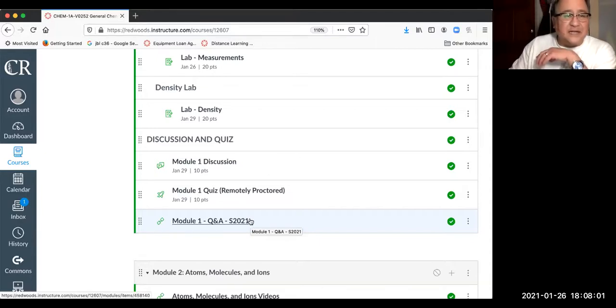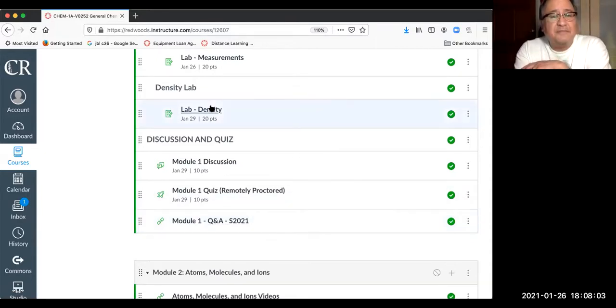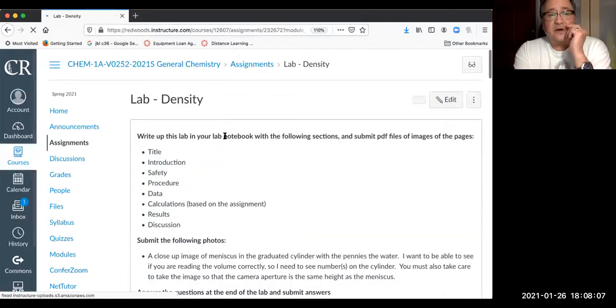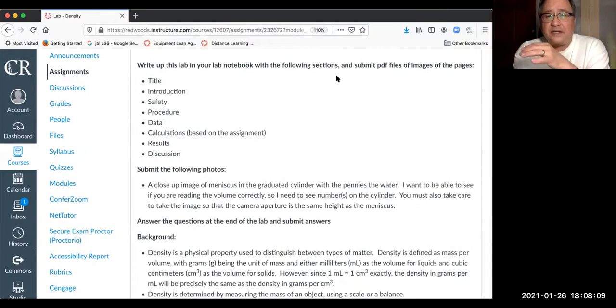Okay, that being said, here's the density lab. Hopefully you can see what is written here for the density lab. If you can, just give me a little thumbs up or some sort of signal. I don't care what. Okay, good. Now with 3 of you here, if I get one signal, I'm just going to move on.